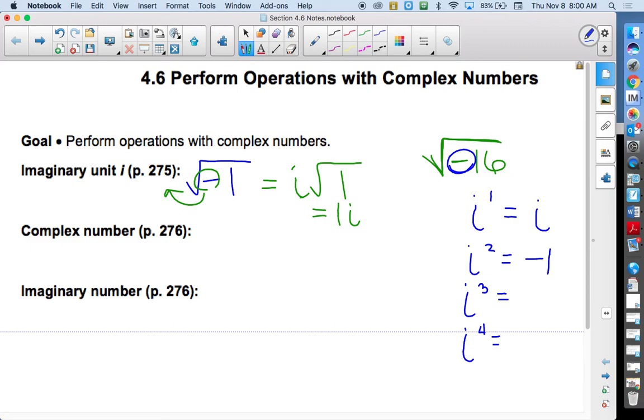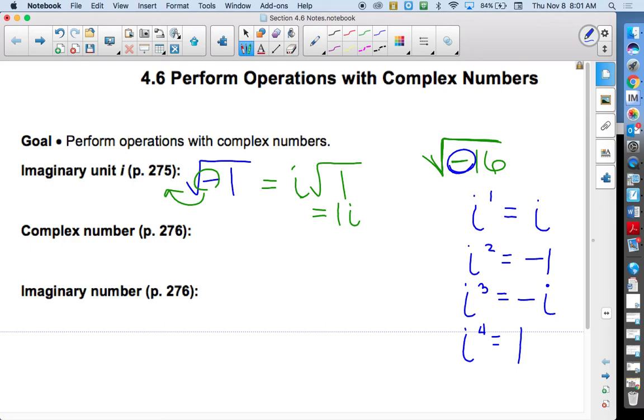There are 4 common powers of I that we'll talk about. I to the first is just I. I squared is the number -1. Because if you have I times I, you're taking the square root of -1 times the square root of -1, and when you multiply those two numbers together, you end up just getting -1.